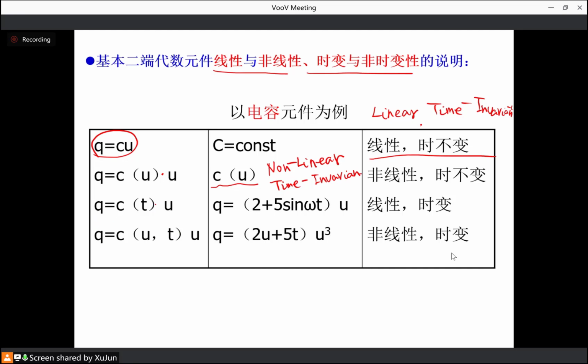For Q equal to C(t) multiple U, the C is a function of t. Maybe like this example. For this component, it will be a linear component, but time variant. And if the C is a function of U and t, for example, like this, it will be nonlinear and time variant.